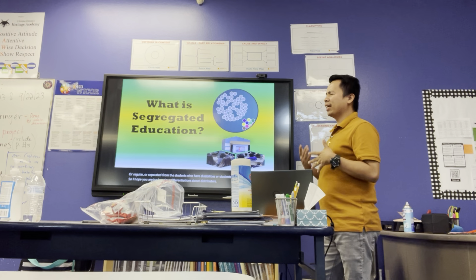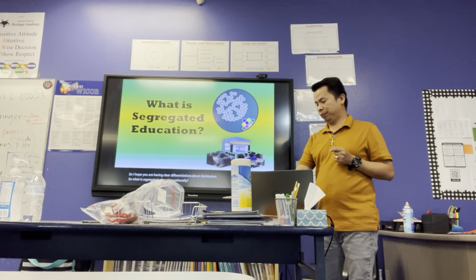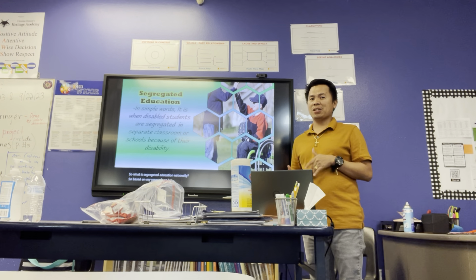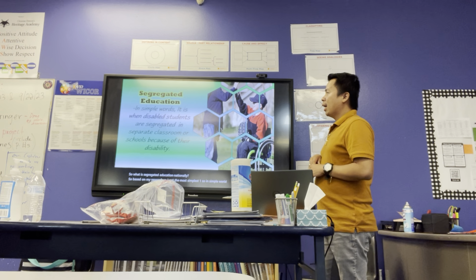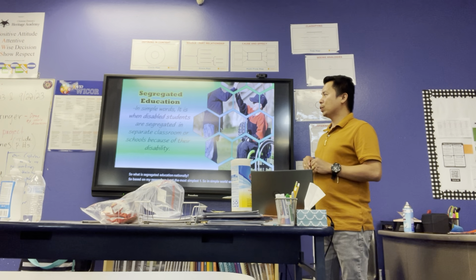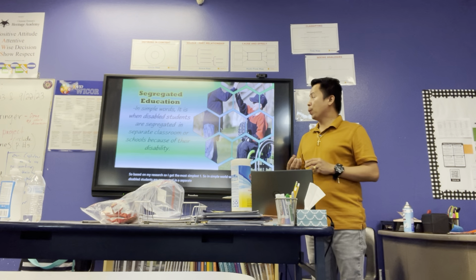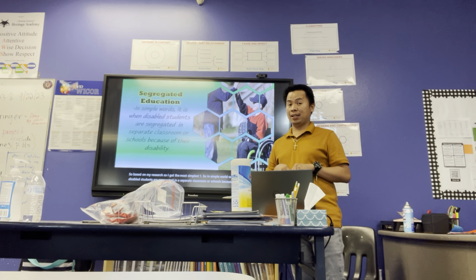So what is segregated education actually? Based on my research, I got the most simple one. In simple words, it is when disabled students are segregated in a separate classroom or schools because of their disability.